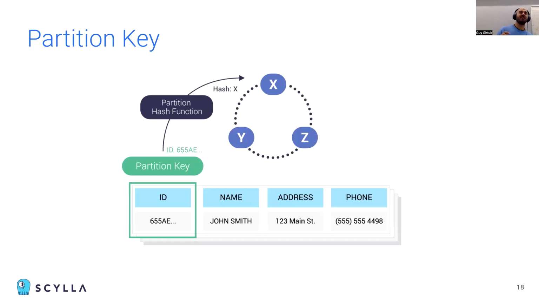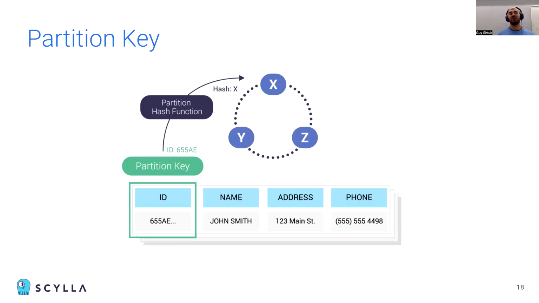The way that data is partitioned is according to something called the partition key. This goes into data modeling, which I won't get into, but basically the way the database knows which node is responsible for which row is according to the partition key. And what the system does is it performs a consistent hash function.